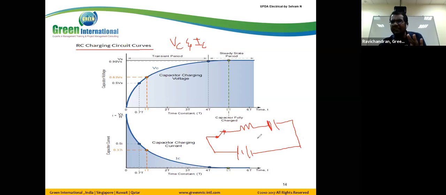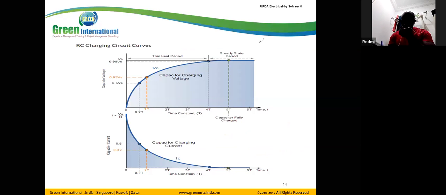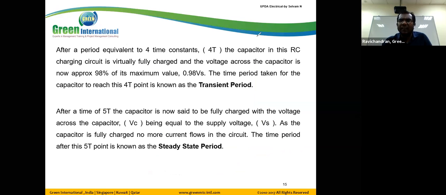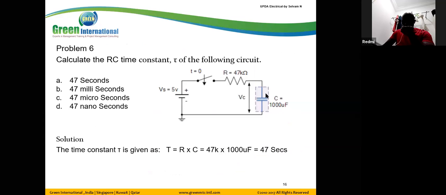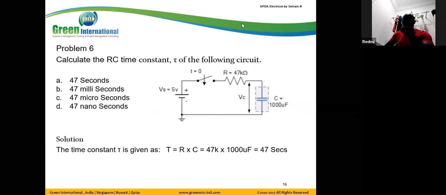At this instance, from this curve, transient, I think if you go to the exam problems, you will be able to understand that concept. Once again, I will come back to the concept.